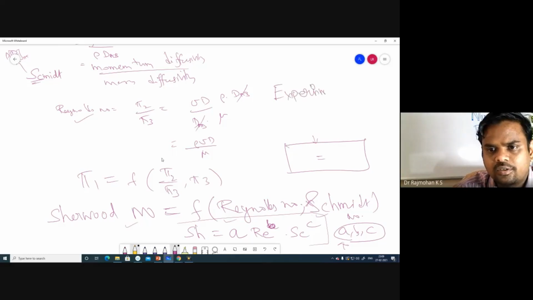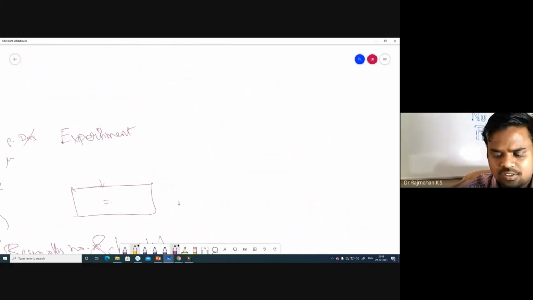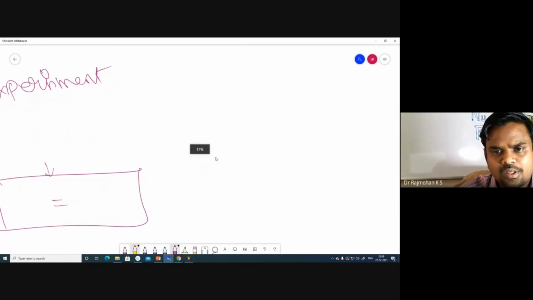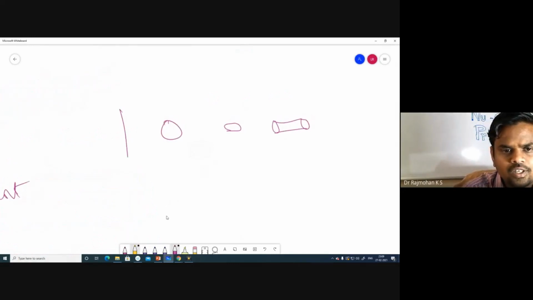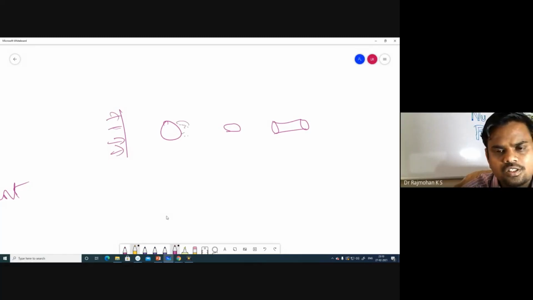Okay, so when you perform the experiments, because turbulence is like an ocean, we don't know. We have a different geometry for each case, and the fluid may be the same. The nature of eddies formed for each is going to be different.